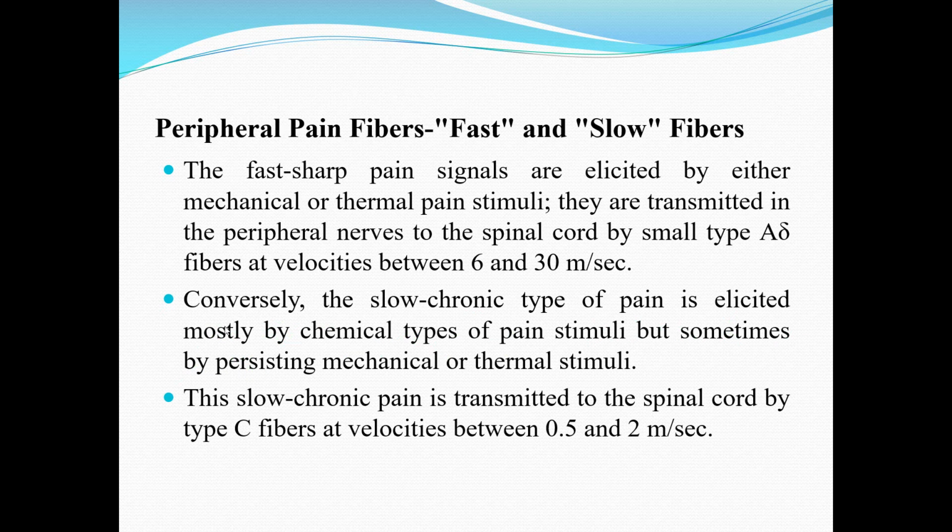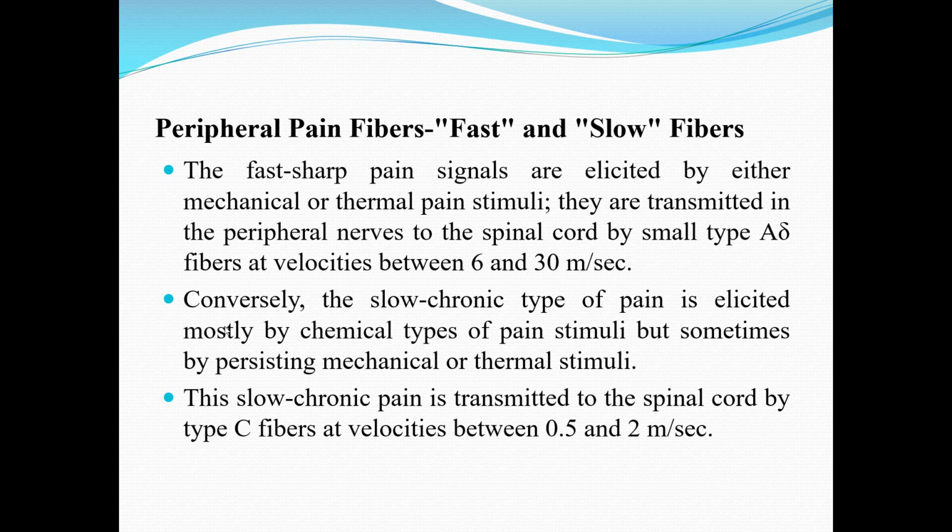Now we have the peripheral pain fibers, which are fast and slow. The fast sharp pain signals are elicited by mechanical or thermal stimuli, and they are transmitted by peripheral nerves to the spinal cord by A delta fibers.